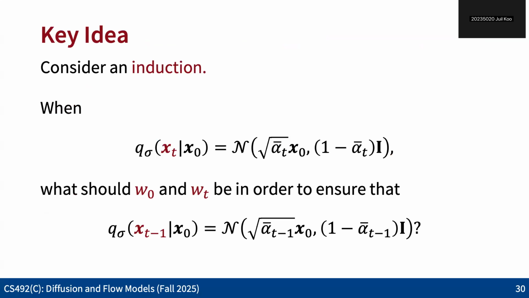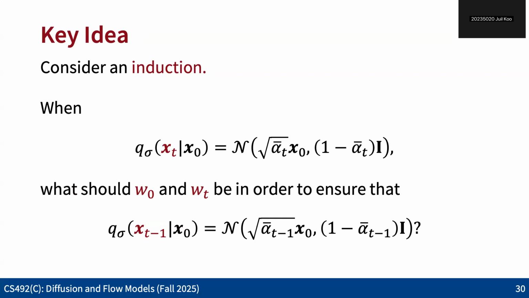So let's assume that at time step t, we already defined the other distributions in a way that this is the same as this. So we would like to define the other distributions, defining this W0 and the WT, in a way that now for t minus 1, this also holds. That's basically what we want to do, right?